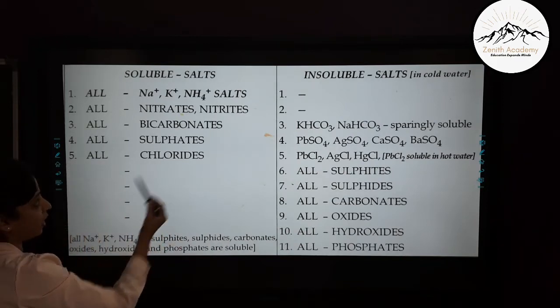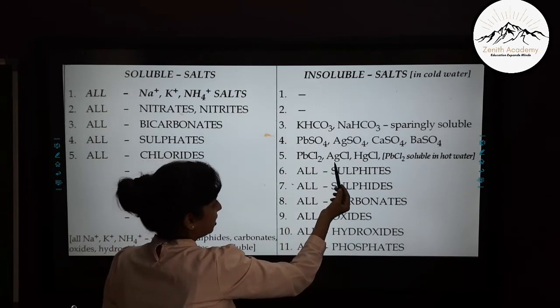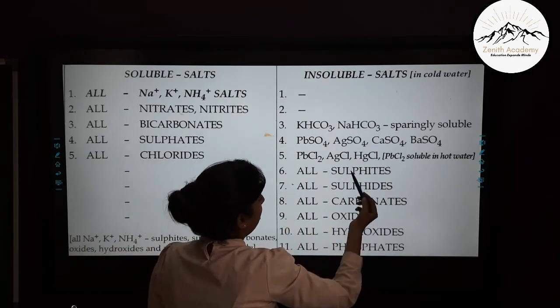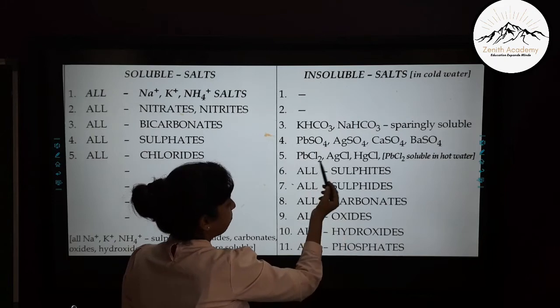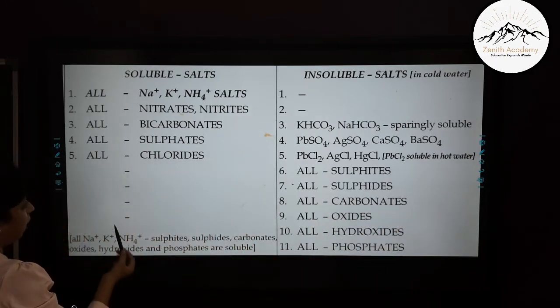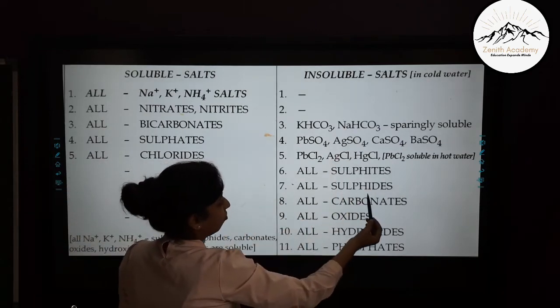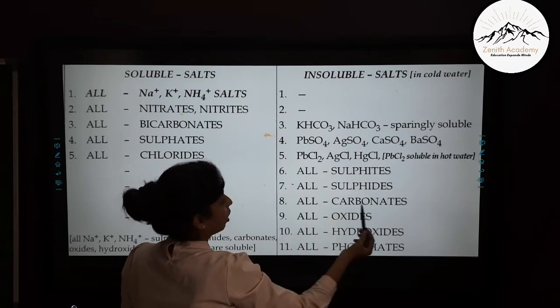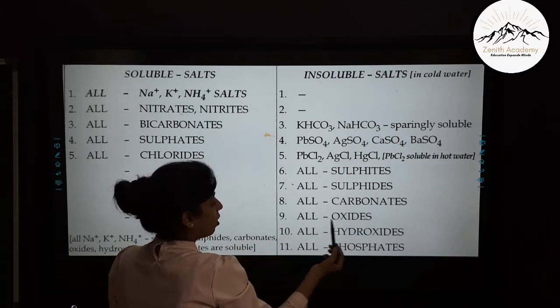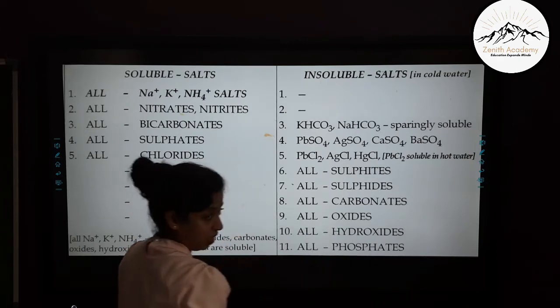Then all the chlorides are soluble, whereas PbCl2, that is lead chloride, silver chloride, mercury chloride are insoluble, and this PbCl2 is soluble in hot water. Now all the sulfides are insoluble, all carbonates are insoluble, all the oxides are insoluble, all hydroxides and all phosphates are insoluble.